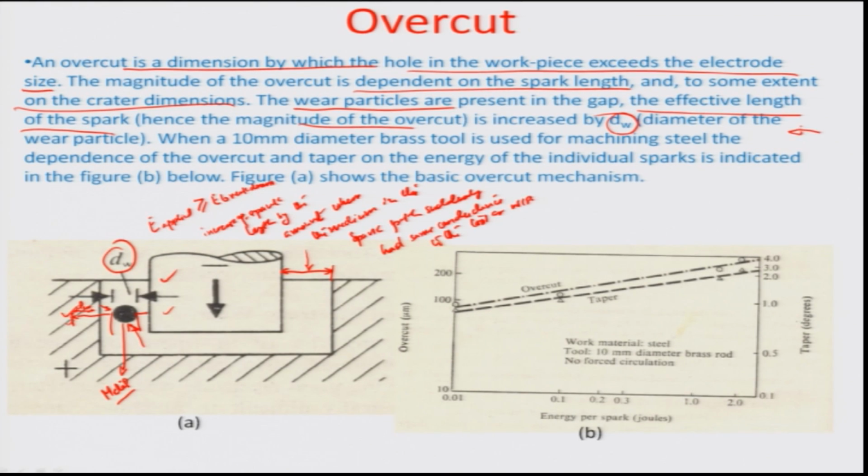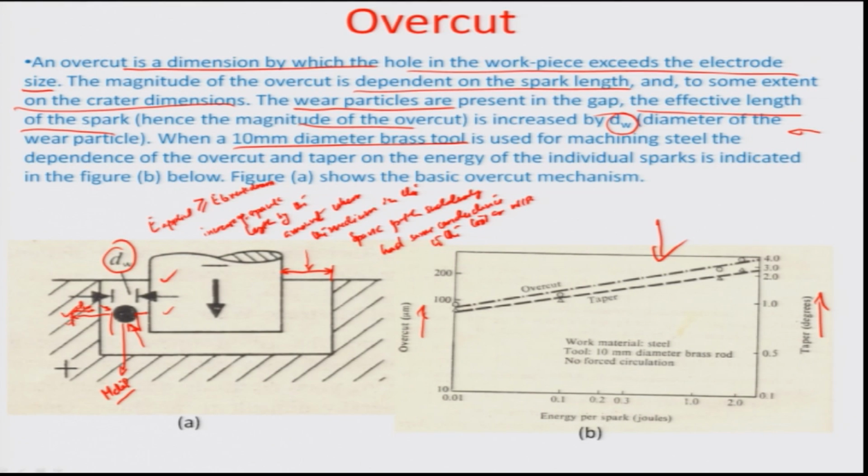So, if the debris is not flushed out properly, obviously the overcut size is going to be much more. Now, this figure right here shows a case when a 10 millimeter diameter brass tool is used for machining steels. It shows the taper, read from the values on the right side axis, and the overcut, read from the values on the left side axis, as a function of the spark energy.